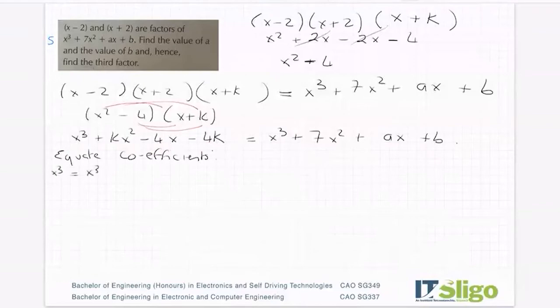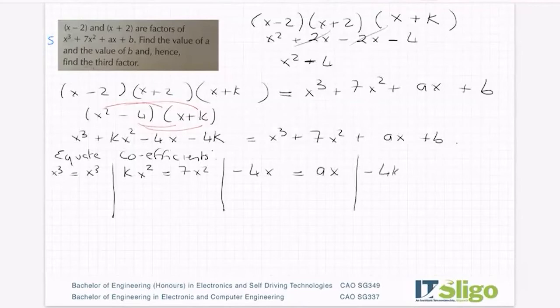So that's this one being equal to this one. Let's do the squares next. I have kx squared being equal to 7x squared. Let's do the x's next. Minus 4x is equal to ax. And the last one, minus 4k, is equal to b.